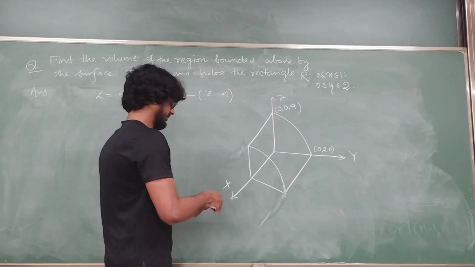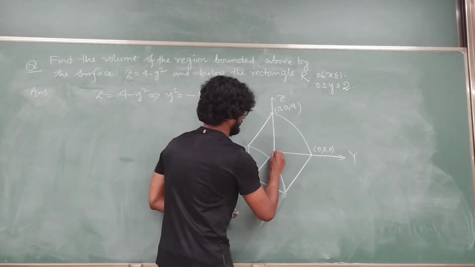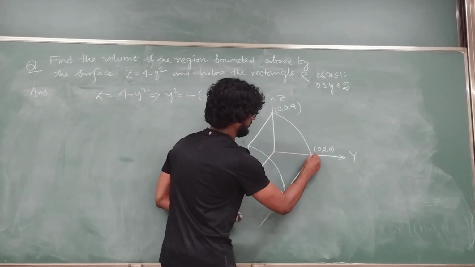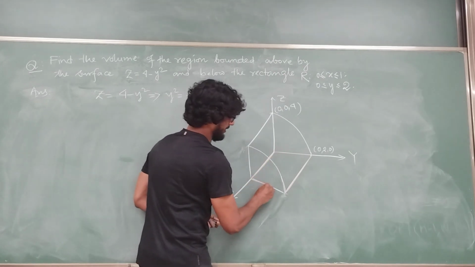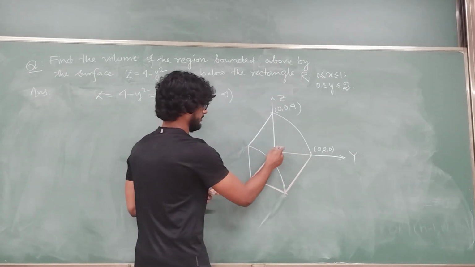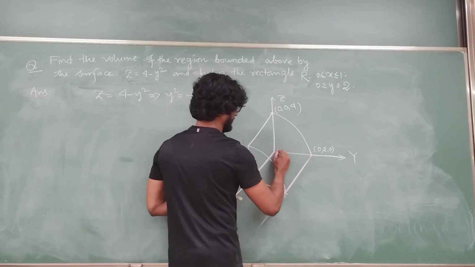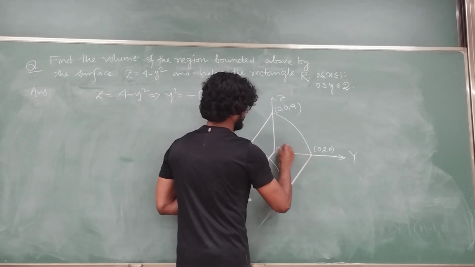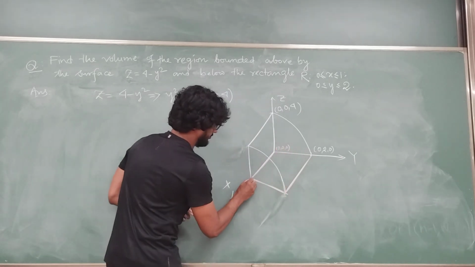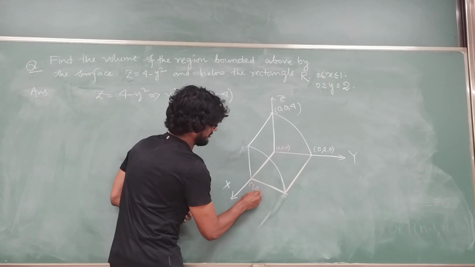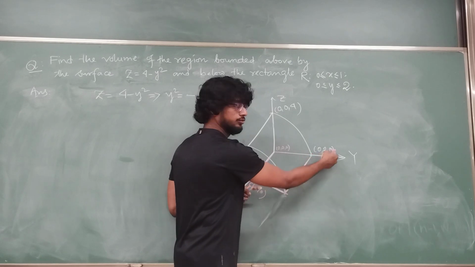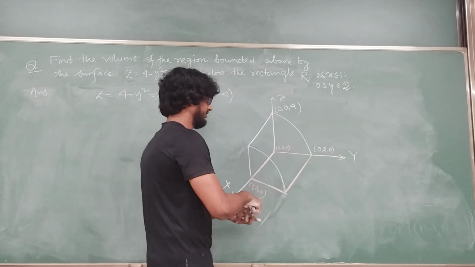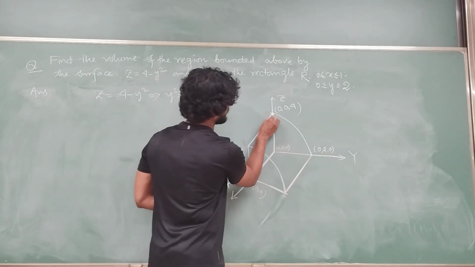So this cylinder is bounded below by this rectangle, where x is varying from 0. This is the origin, 0, 0, 0, to this point 1, 0, 0, and y is varying from 0 to 2, and bounded above by this surface.